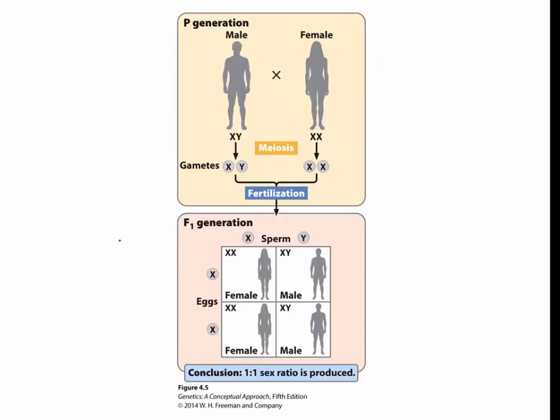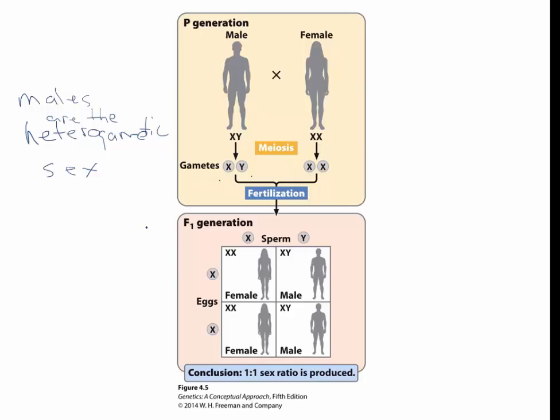Males generate two types of gametes, X or Y. Females generate only gametes with an X chromosome. Because males can give two different kinds of gametes with respect to the X chromosome, they're called heterogametic. In humans and these XY systems, males are the heterogametic sex.